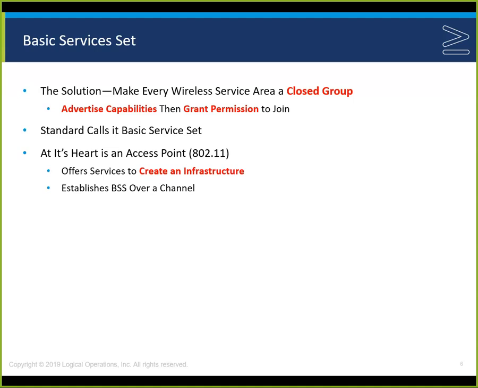It offers the services that can create an infrastructure, and yeah, you guessed it, you're going to get stuck looking at a Wireshark capture before we go any further about what goes on in this wireless communication. It establishes the basic service set and advertises its capabilities and those sorts of things.